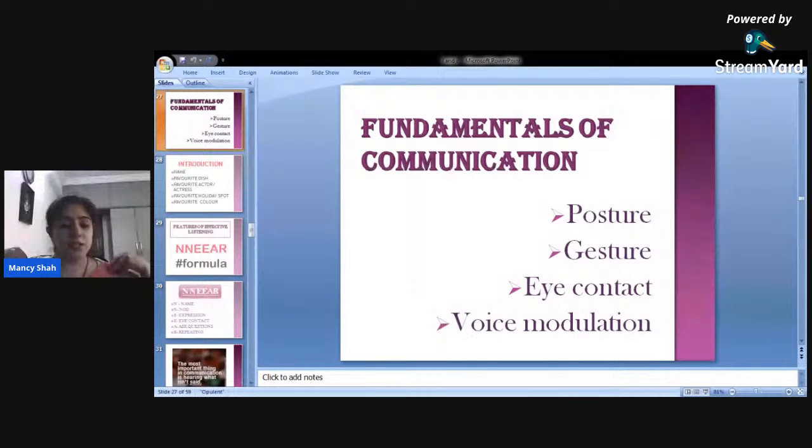The way you sit has to be not only to give a good impression, but also for your health, right? A bad posture, you'll have a lot of issues with your spinal cord.